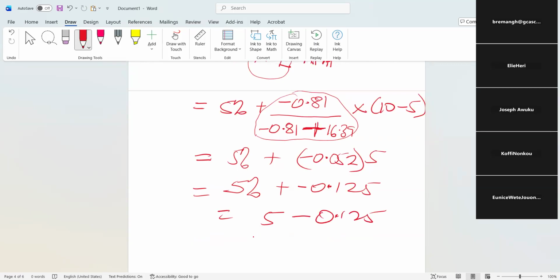Don't change this to 0.05. If you do that, when you finish we have to multiply by 100, and we don't want you to stress yourself. So this should give us 4 point what? 4.875. Good, and this is the percentage.